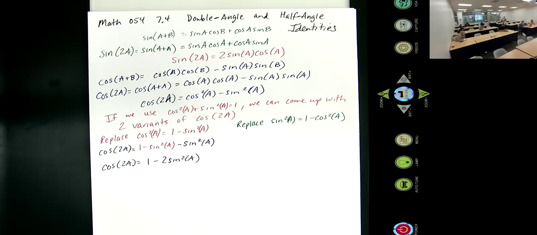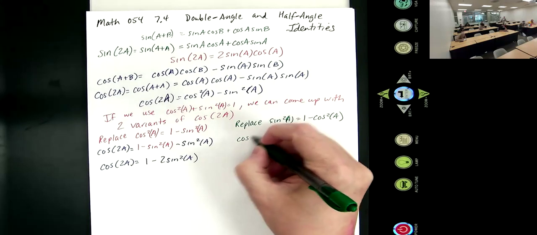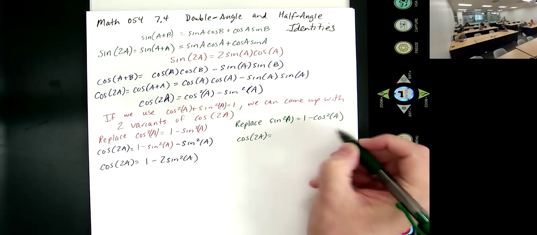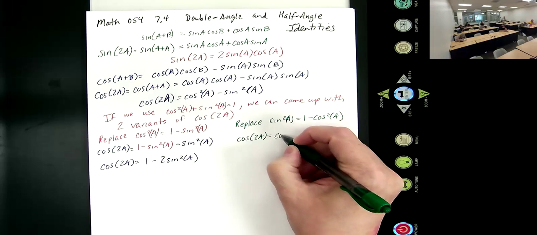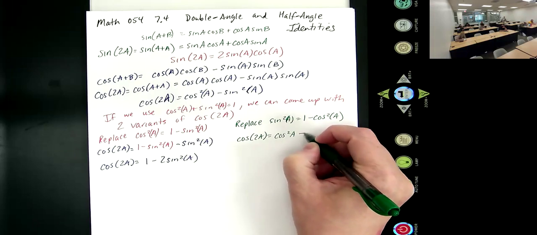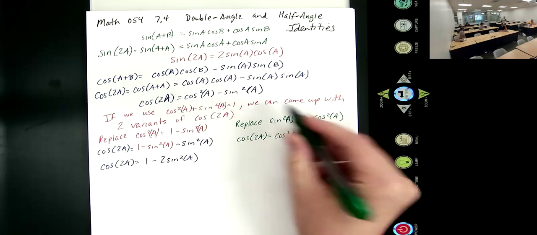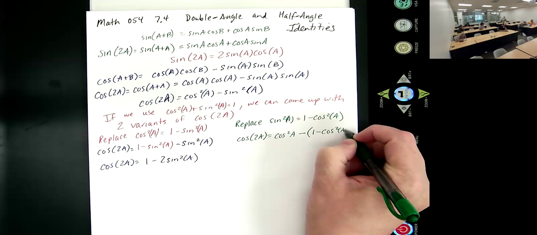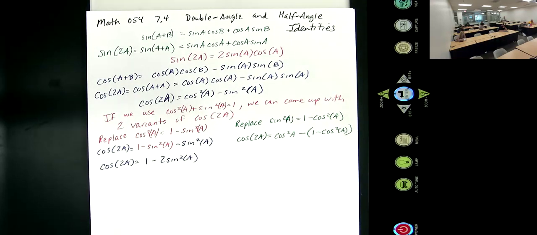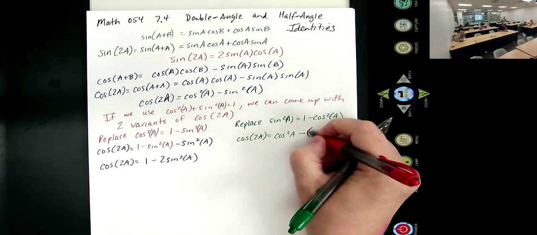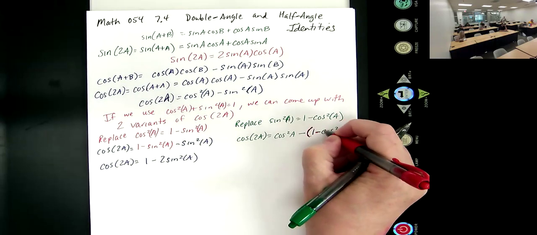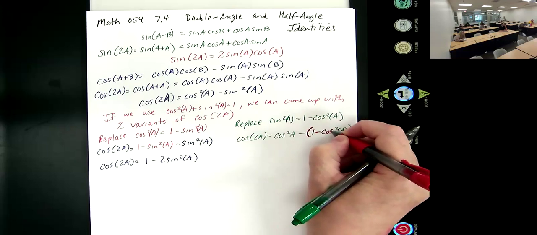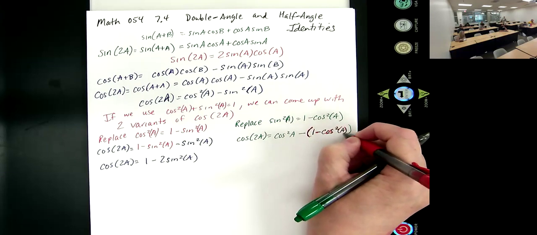And on the other one, cosine 2a equals cosine squared a minus, and then we're replacing sine squared, so I'm gonna put this in parentheses, because that minus needs to distribute to both of them. That's the part I replaced.